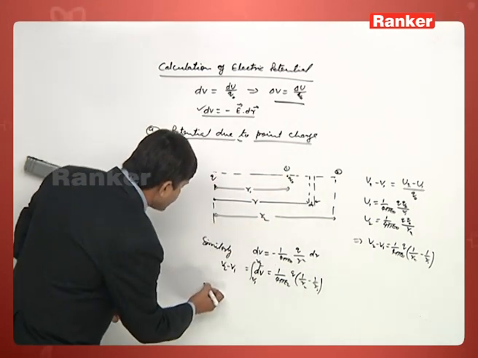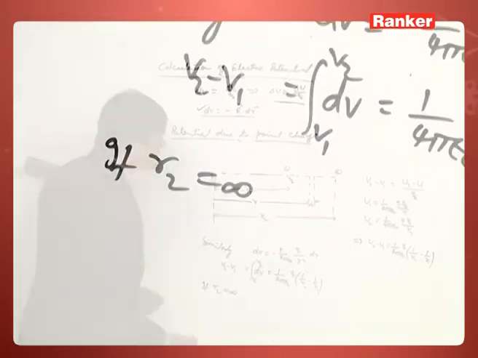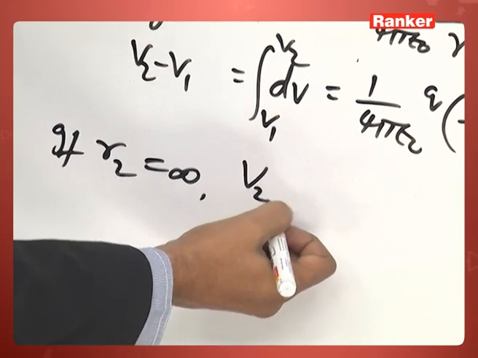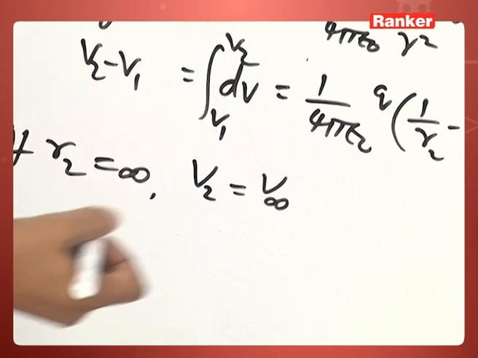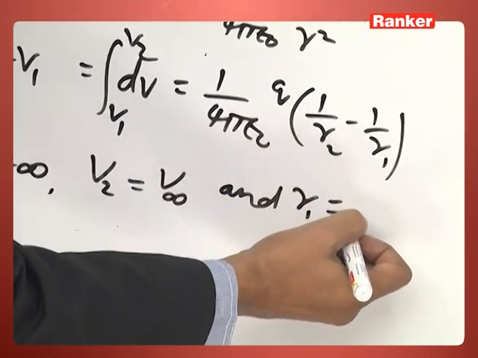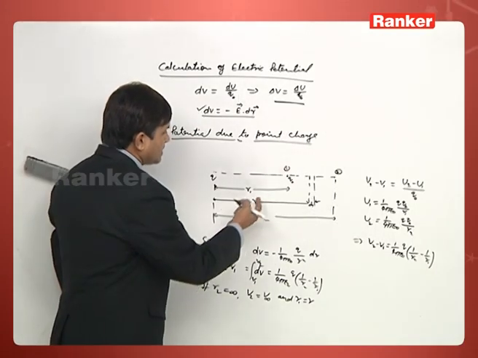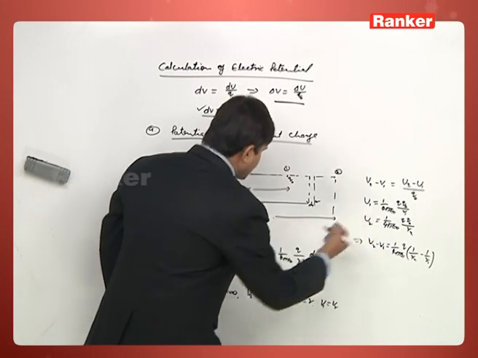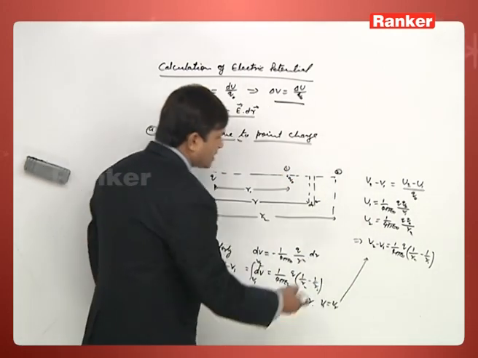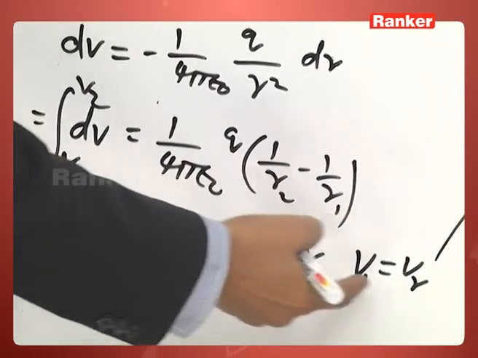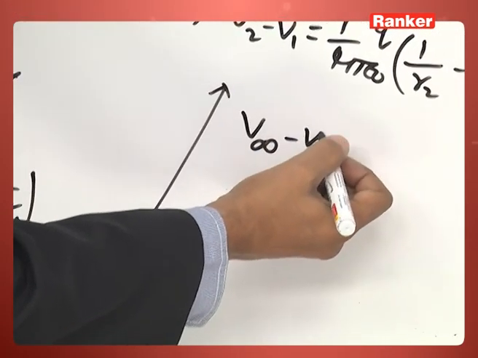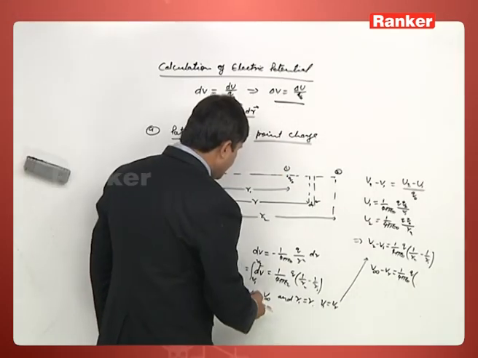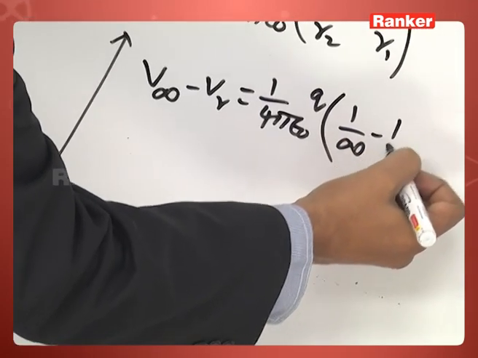Let R2 be at infinity, meaning point 2 is at infinity, so the potential corresponding to point 2 is written as V at infinity, and R1 is at a general point at distance R, so V at point 1 is written as V at R. We replace these values in our expression: V2 minus V1 means V infinity minus V at R, equals 1 by 4 pi epsilon naught Q times (1 by infinity minus 1 by R).